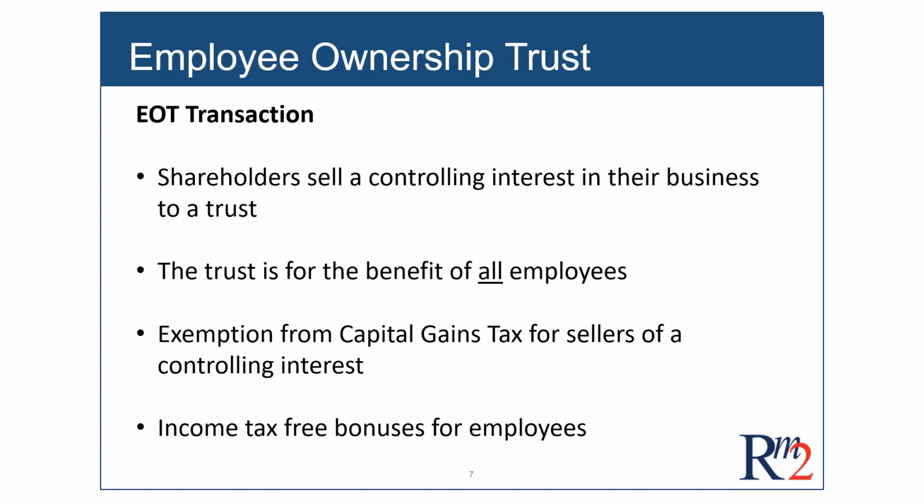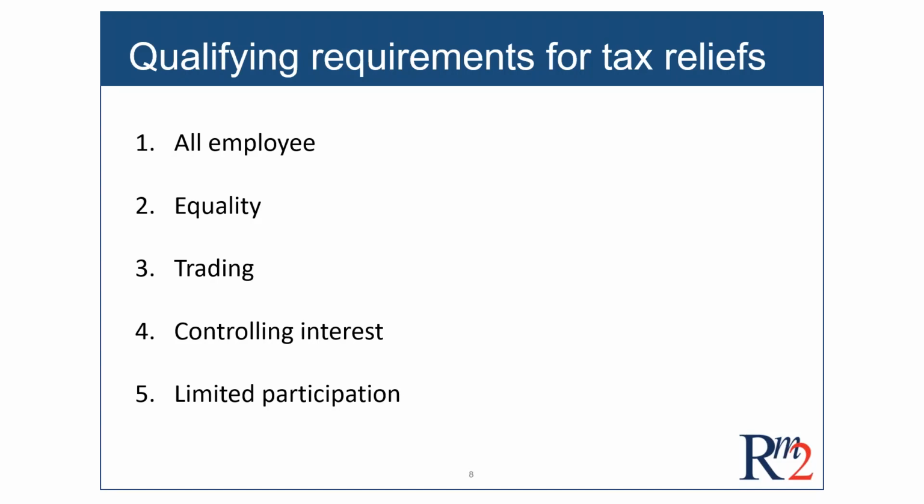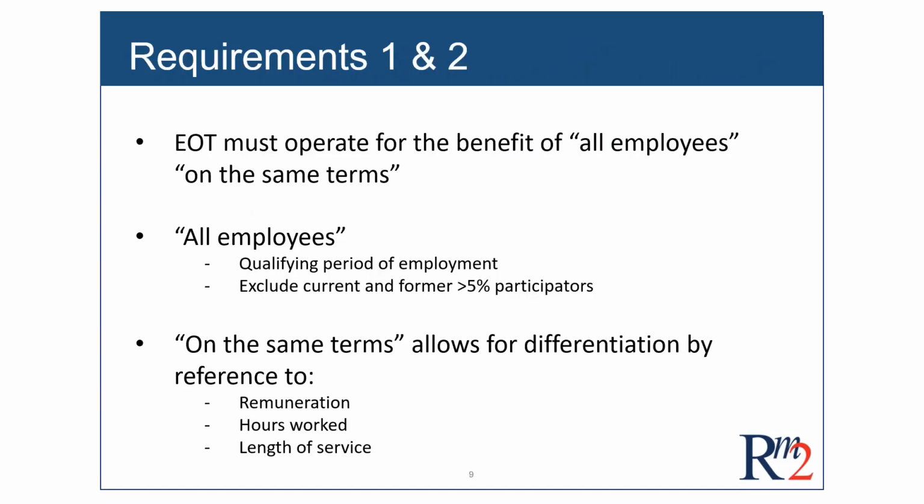And there are also income tax-free bonuses possible for employees. So these are the detailed qualifying requirements. I'm just going to jump into the next slide, because it will all become clear when we go through the detail of what these requirements actually mean.